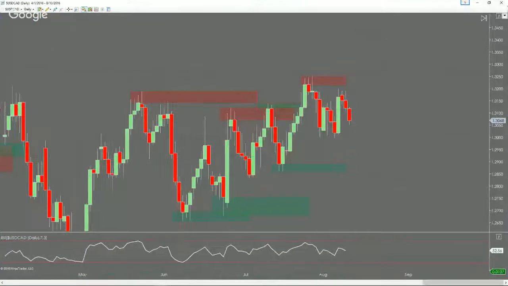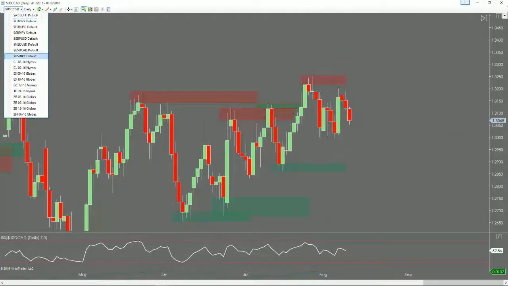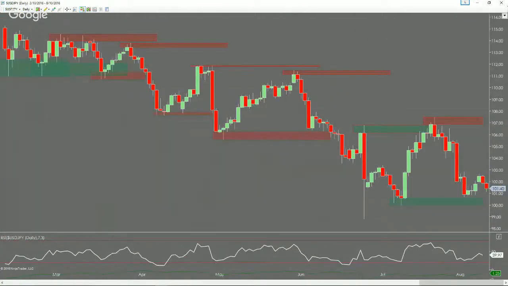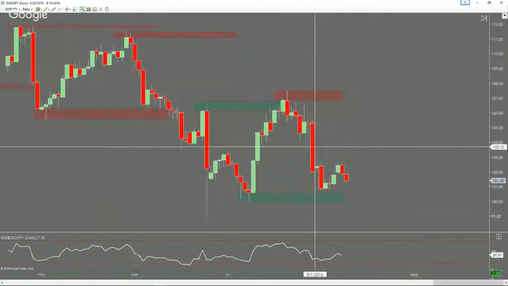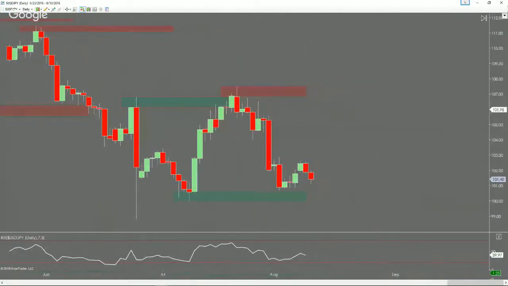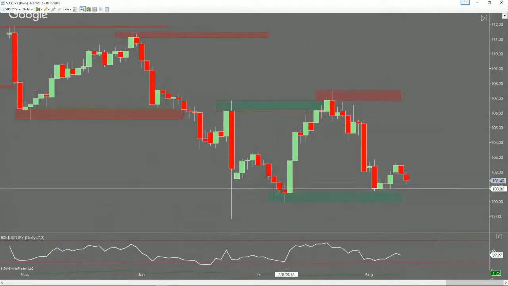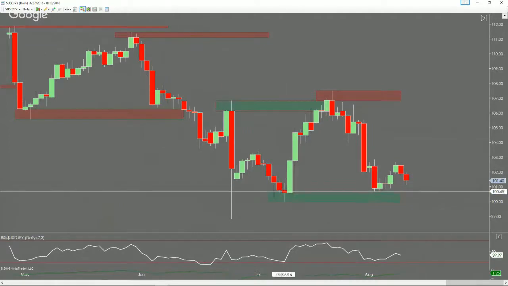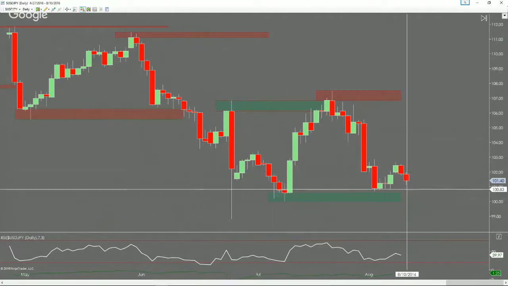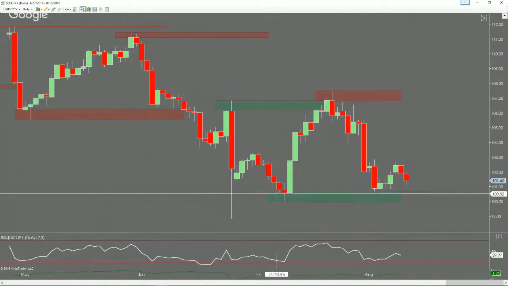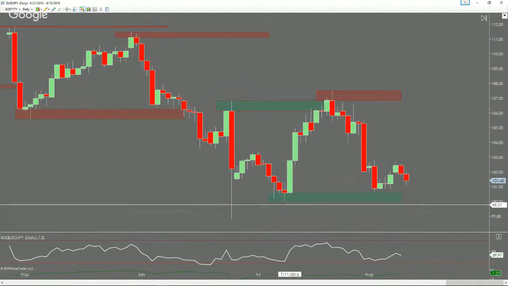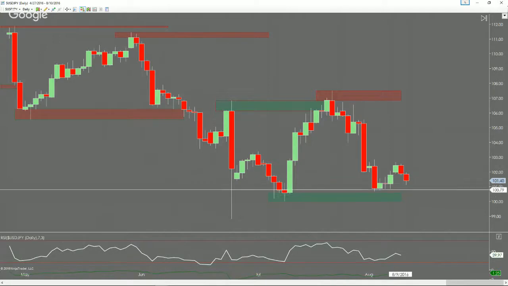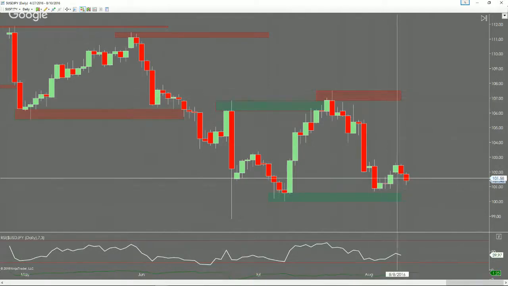Let's go to dollar yen. Dollar yen, we did just retest this structure right here. Price is coming back down. We could see another hold in that level. If we do, then we're waiting for price to come back up to this structure level.